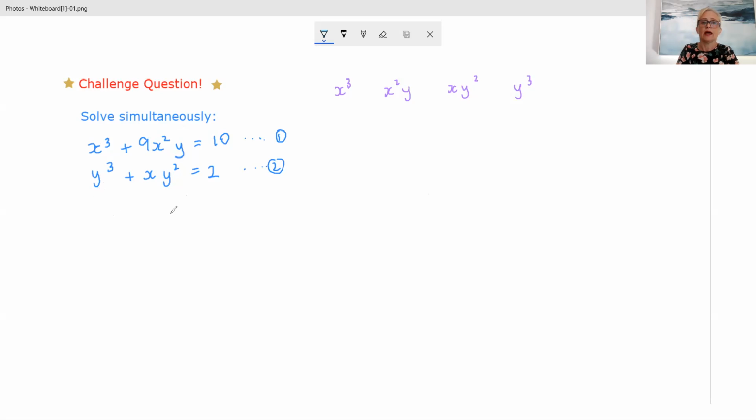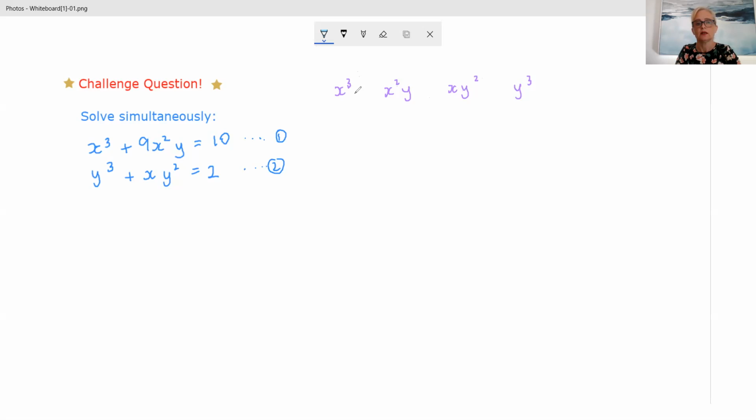So then I had another look back at this situation and I said, I've got an x cubed term, an x squared y term, an xy squared term, and a y cubed term. Not all in the one equation, of course, but they're all the terms I'm dealing with. What does that make me think of?